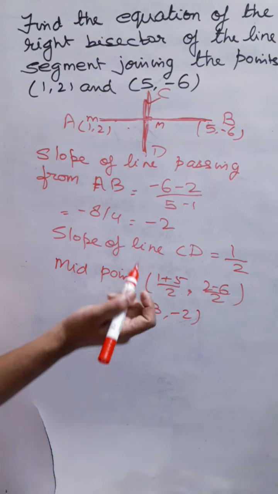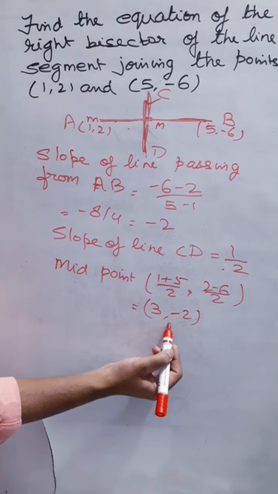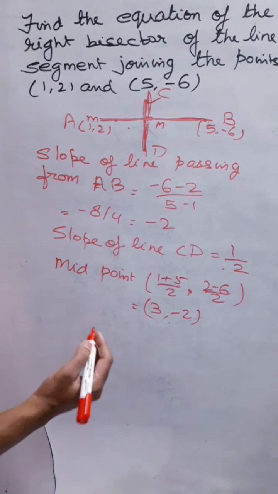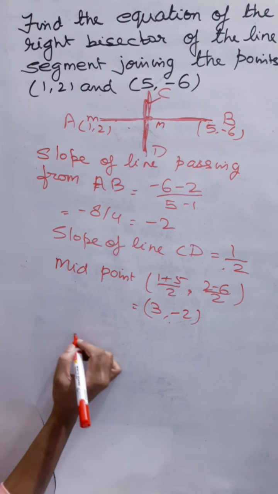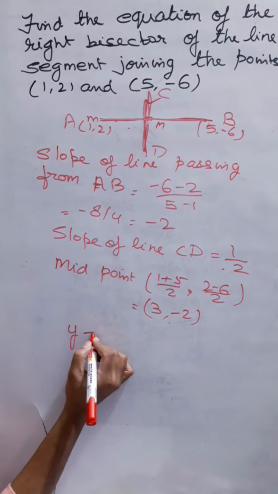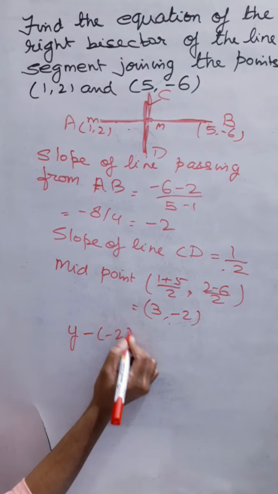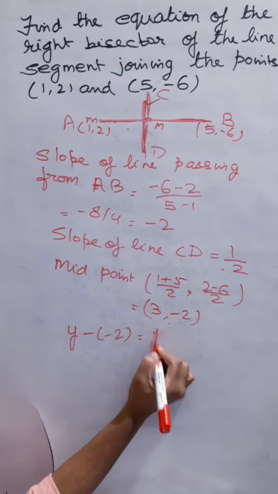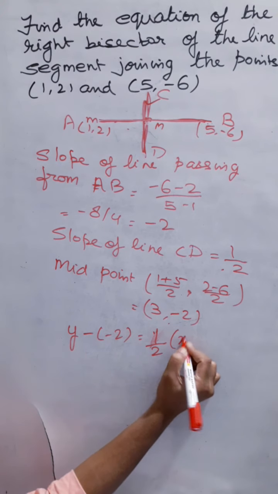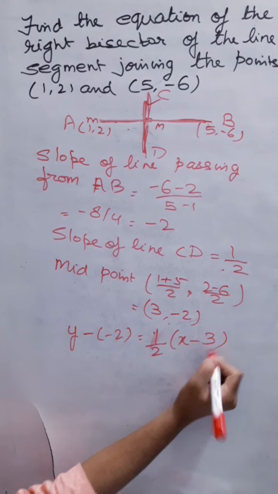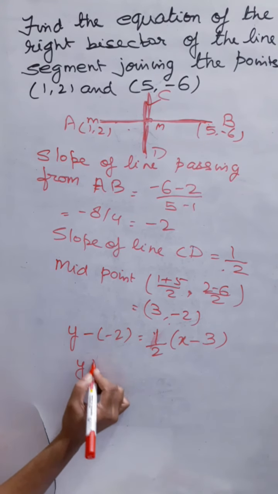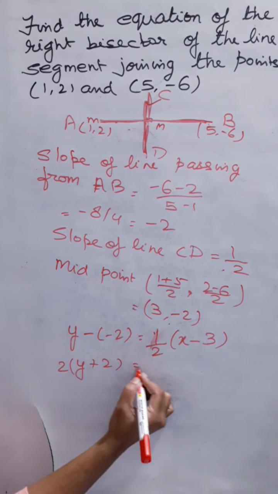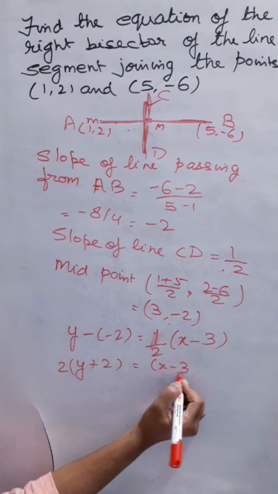Now using this slope and this point, I can use the point slope formula to write the equation of the line. So y minus y1, y1 is -2, equals m, m is 1/2, times x minus x1, x1 is 3. So here I can write y + 2, and this 2 is multiplied on this side, it will be x - 3.